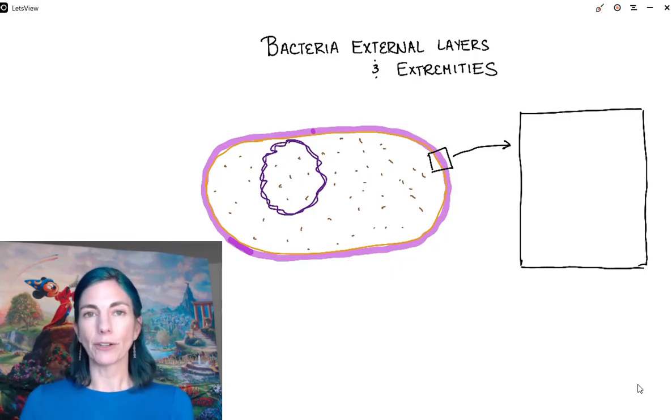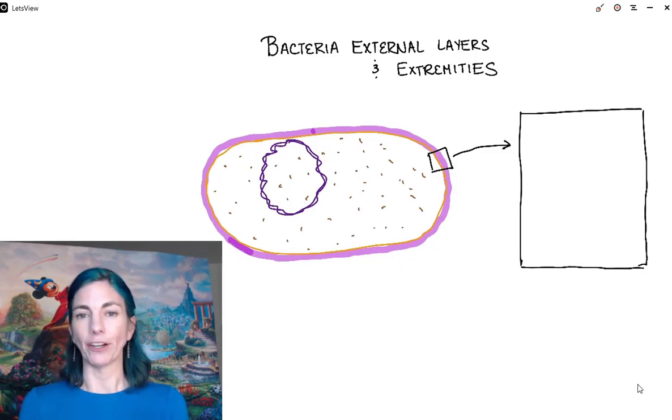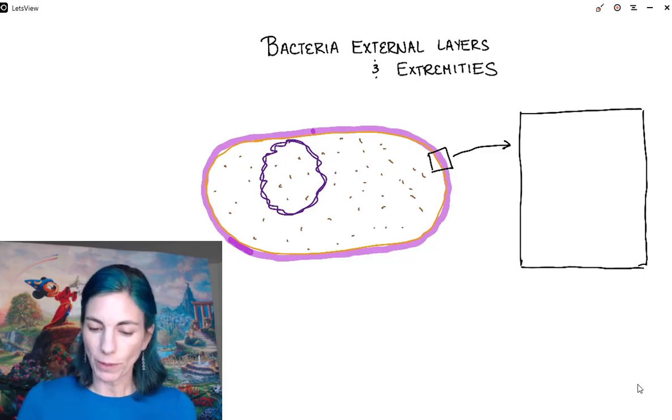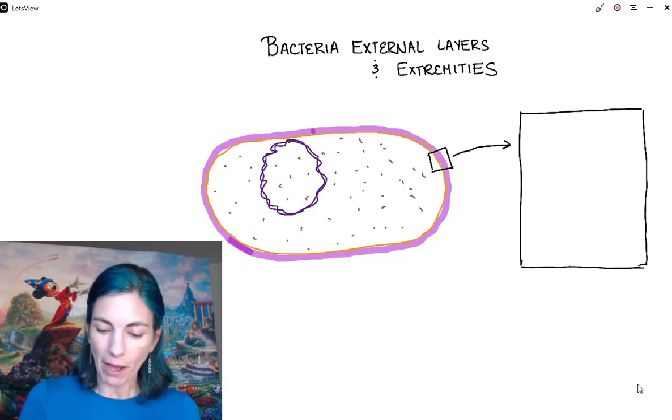So it's important to understand that all cells use a plasma or cell membrane as their boundary. And in this picture of a prokaryotic cell that I have here, I've basically taken a look at a box and we're going to redraw what we see in that box.